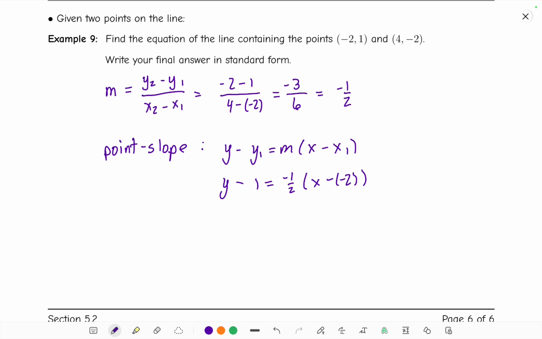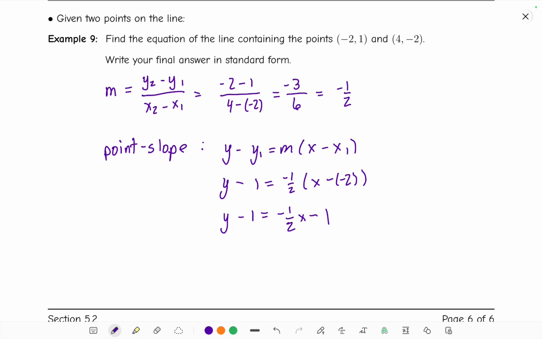And again, we want our answer in standard form this time, not slope-intercept form. So to get something in standard form, we're going to have to distribute still. So we get y minus 1 equals negative 1/2 times x is negative 1/2 x. Then negative 1/2 times a negative, negative 2. Well, 3 negatives will make a negative, and 1/2 times 2 is 1.